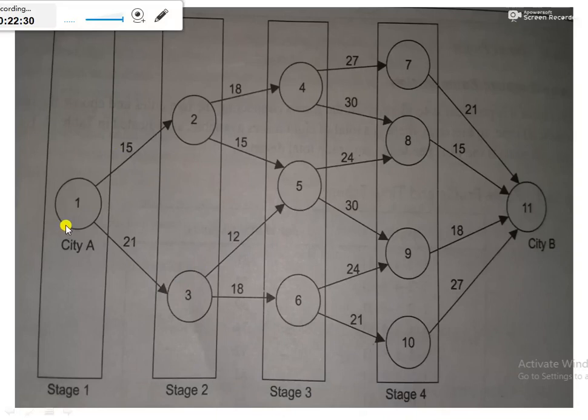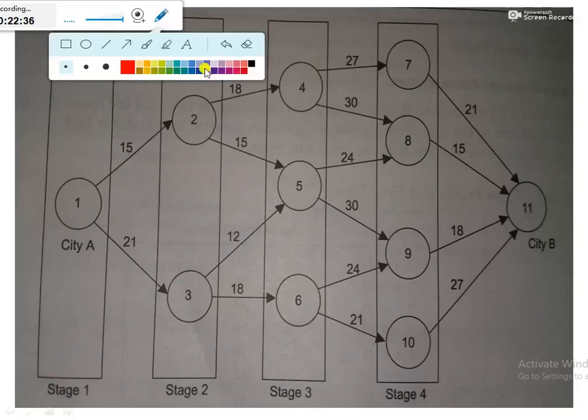So the traveler can start from city A, which is known as stage 1 of this problem. It is at stage 1 that the decision maker has to decide whether to take route 1-2 or 1-3.